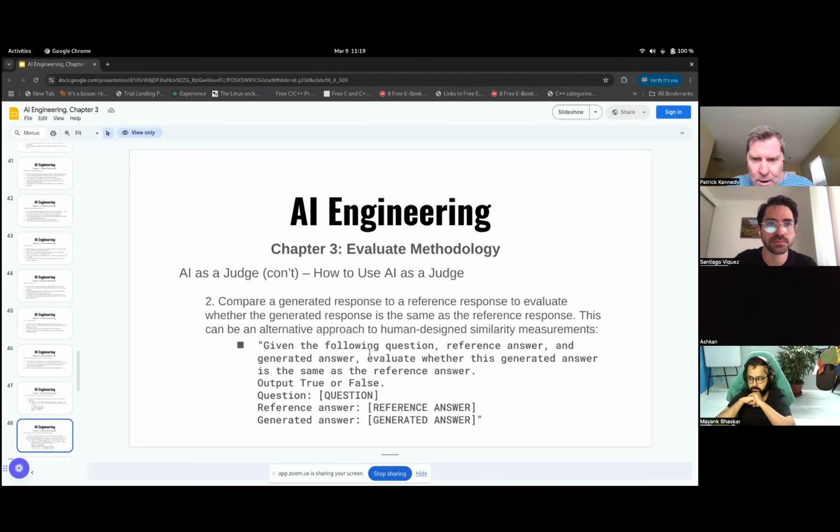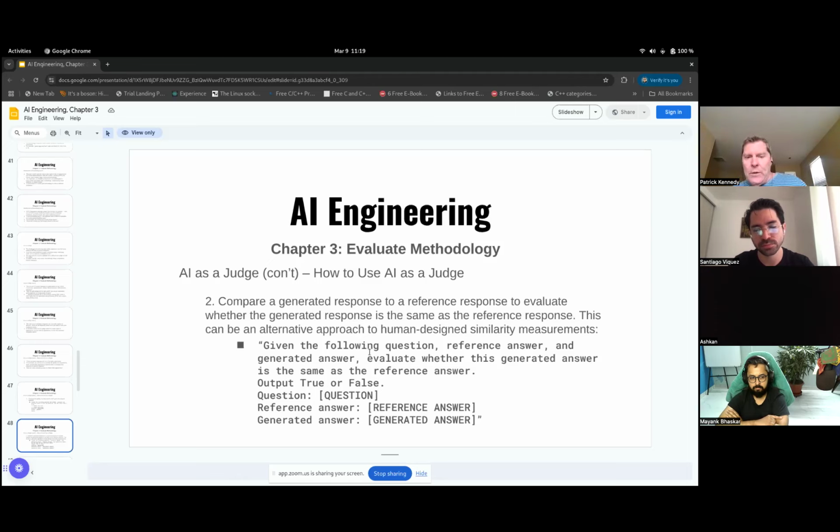Next, where it's 2 questions. And so you can see already you got a reference answer, a generated answer. So you got a question and a reference question, and you're going to be comparing them. Given the following question and reference answer and the generated answer, evaluate whether this generated answer is the same as the reference answer.